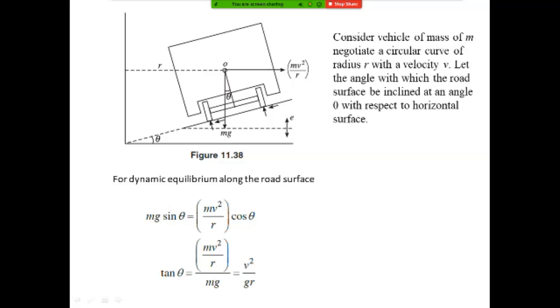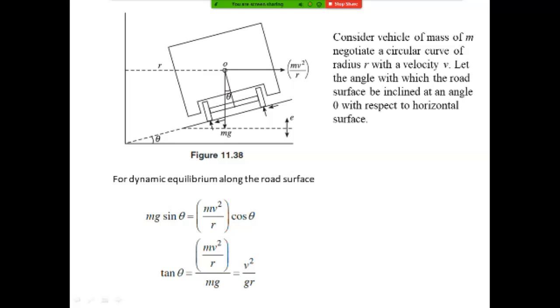Okay, for that this angle is equal to this angle. This is the normal force of a vehicle, that is mass into acceleration due to gravity. This is weight. Mass multiplied by acceleration due to gravity becomes weight. When the centrifugal force is acting, it tries to throw your vehicle out of the road, that is mv square by r.